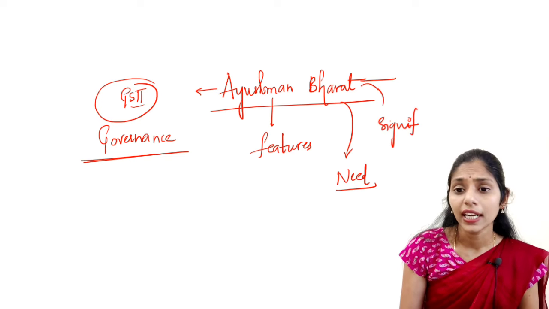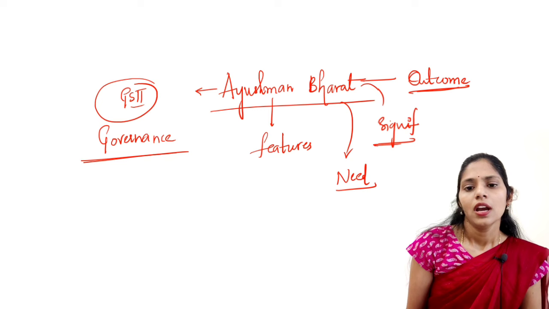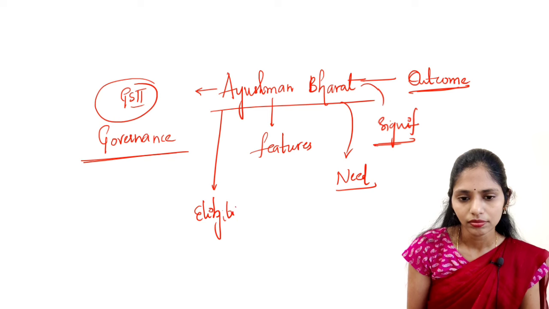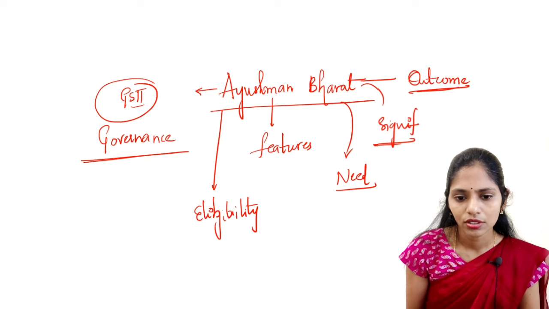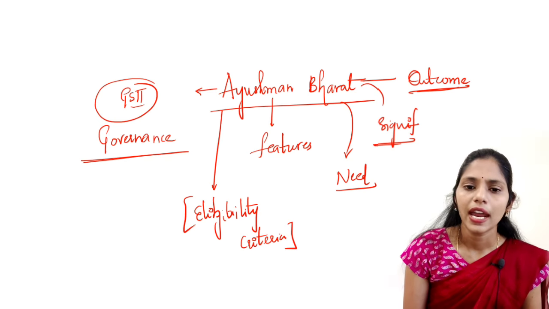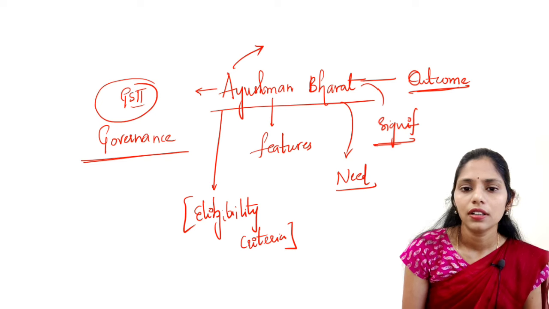And you can even connect what the outcome of this scheme is, whether it is useful or not. You also have to understand the eligibility criteria, and what the advantages of this scheme are.